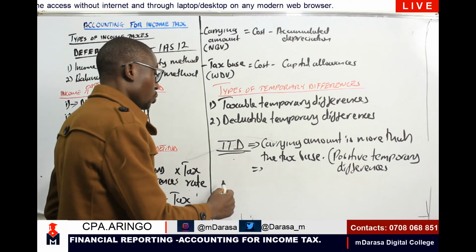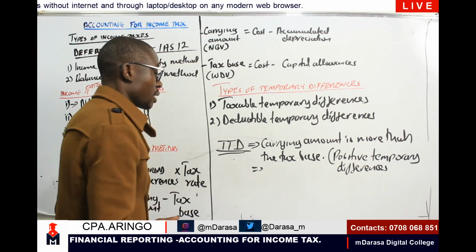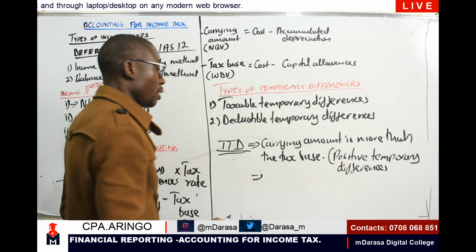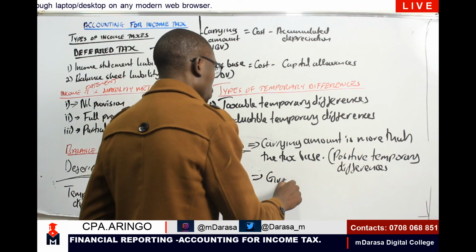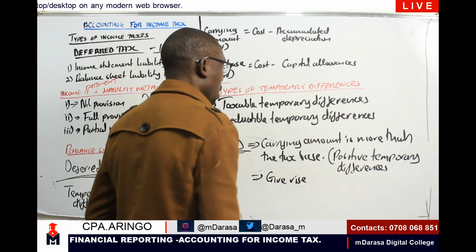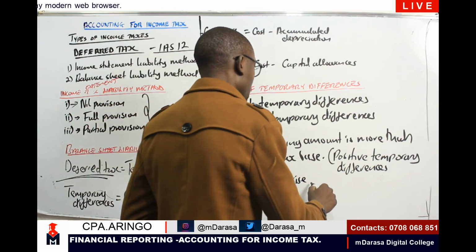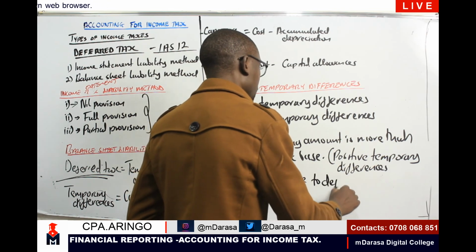Then number two, a key element that we should understand here is that the taxable temporary difference will give rise to an obligation in future.